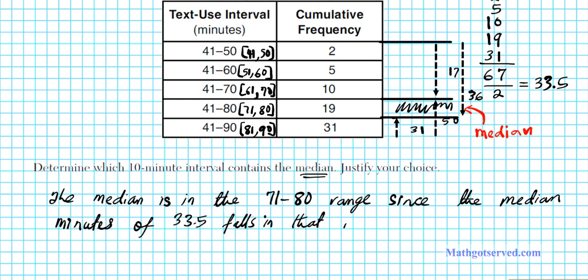Okay, so 33.5 is somewhere between 71 and 80.